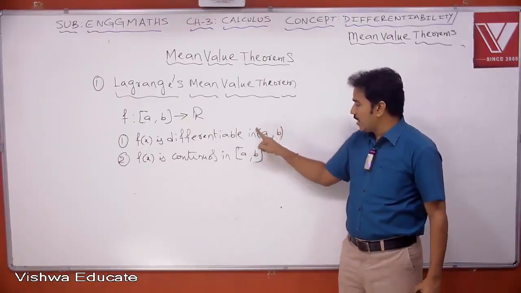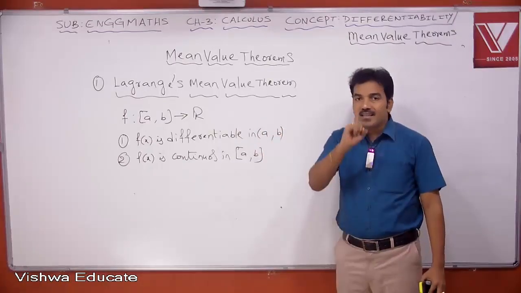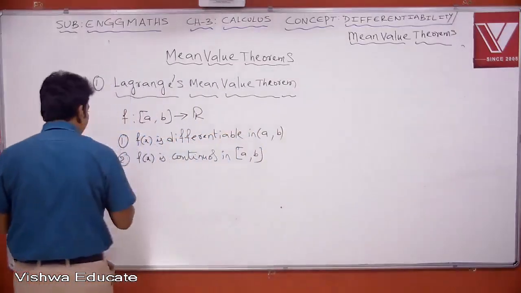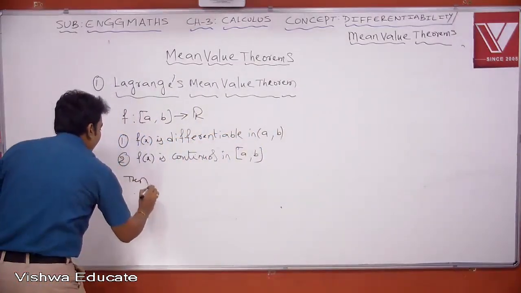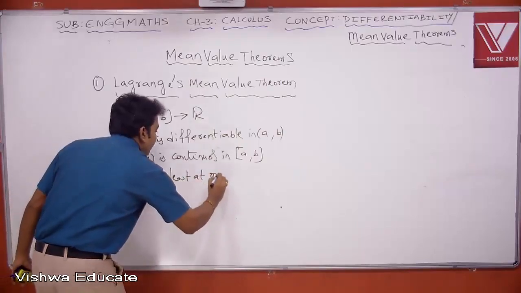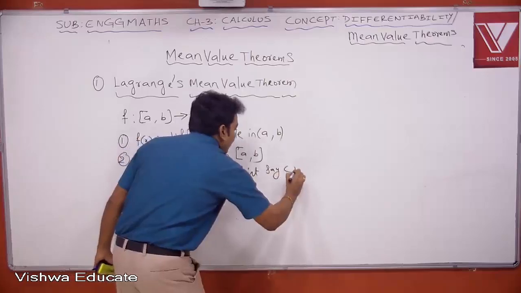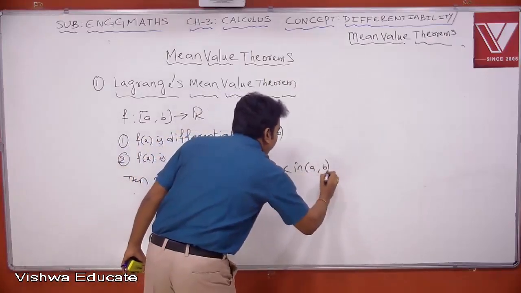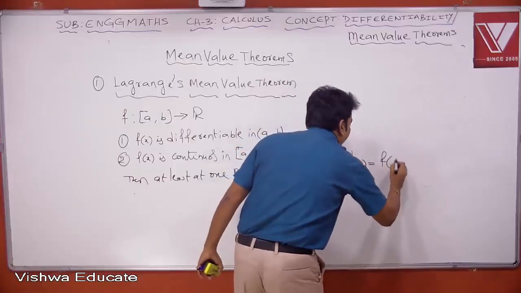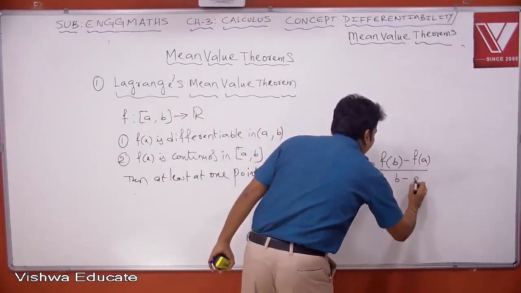Since the function has a derivative at all points in between this interval, I am going to write the conclusion. Then at least at one point, say c, in open interval (a, b), f'(c) = (f(b) - f(a)) / (b - a).